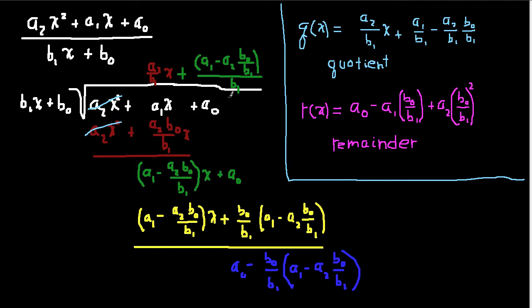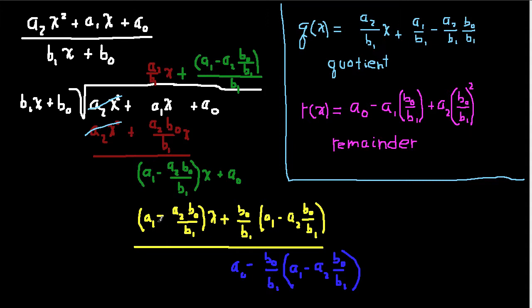And so now we want to find the coefficient that multiplies this, that gets rid of this term right here. That coefficient is this one. This whole thing in green, when multiplied by b1x, gives me this term.